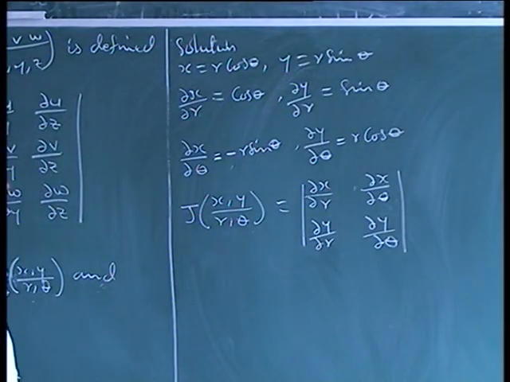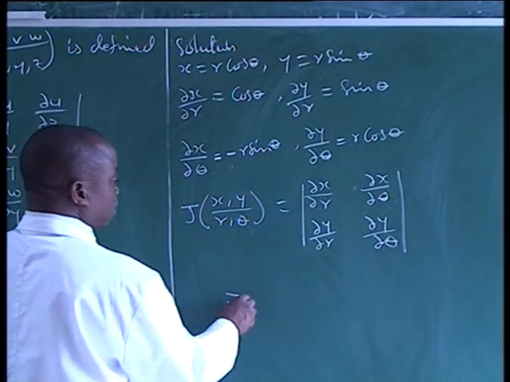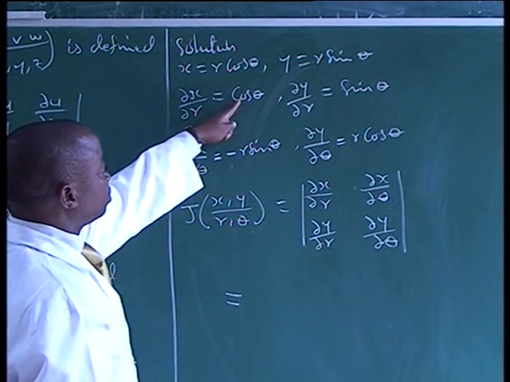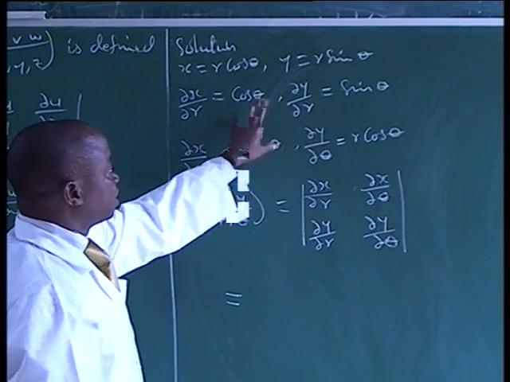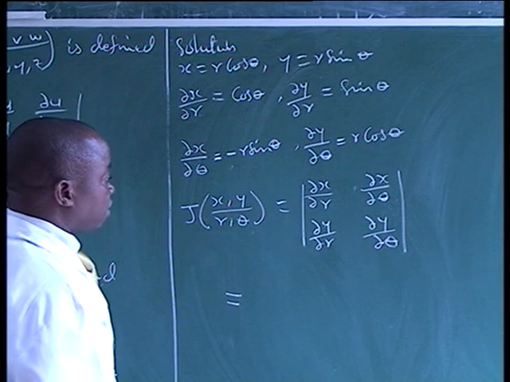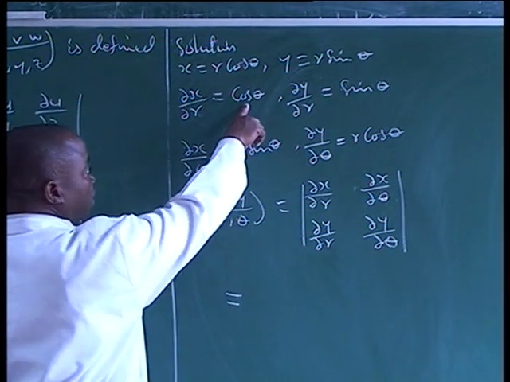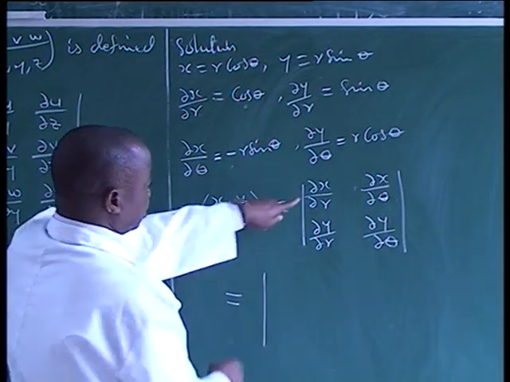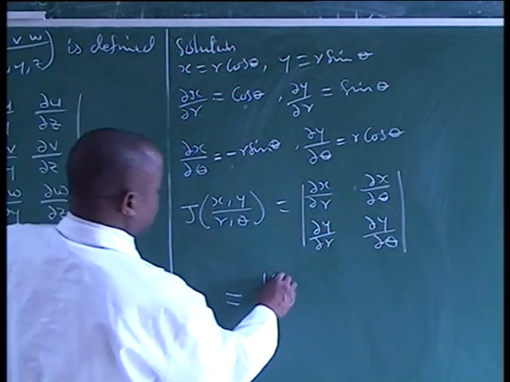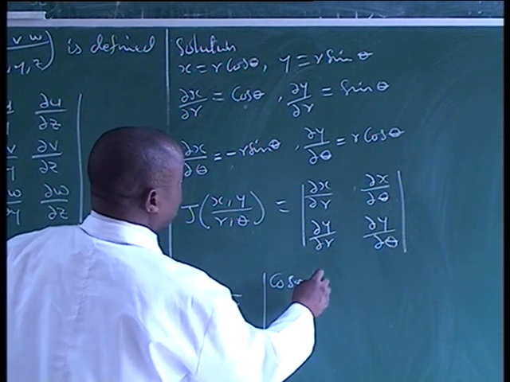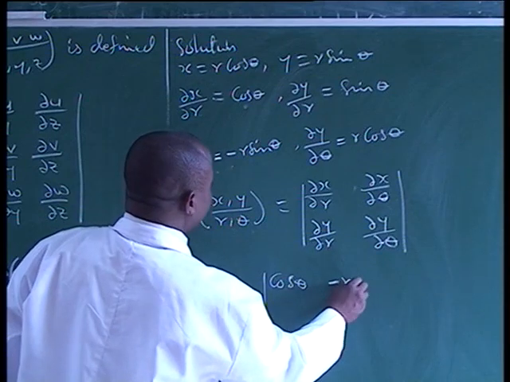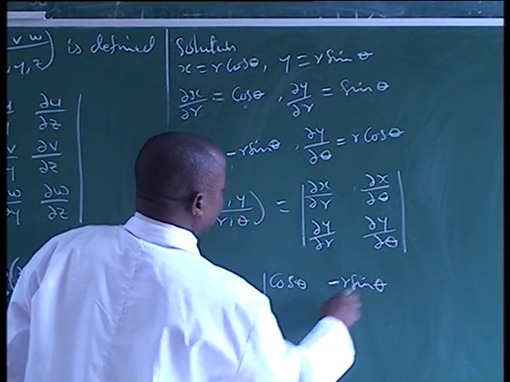Putting the respective values in the determinant, partial x partial r is cos theta, then partial x partial theta is minus r sin theta.